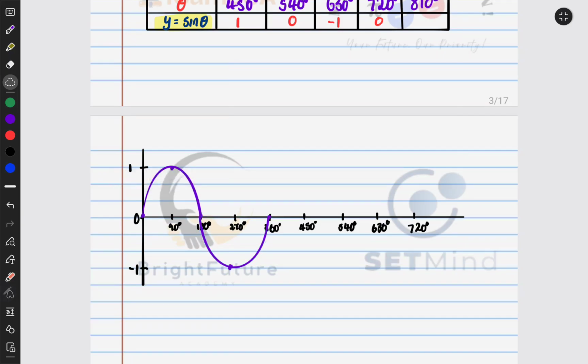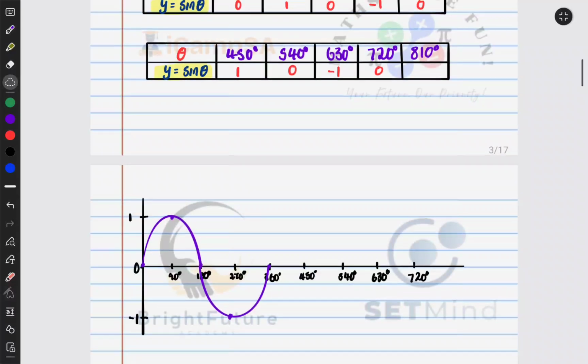And then from there we have 450 and 1, we have 540 and 0, we have 630 and -1, we have 720 and 0. Let me use a different color here. We join our curves like that.